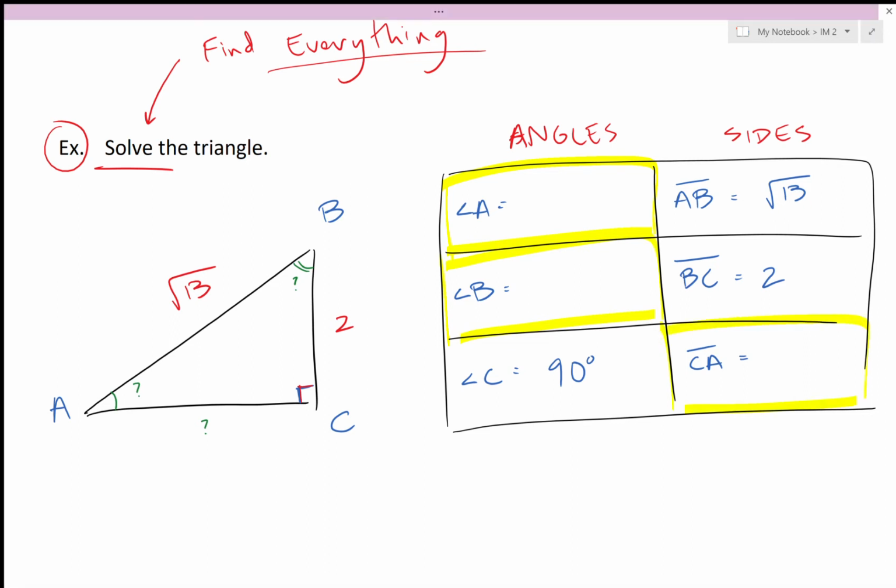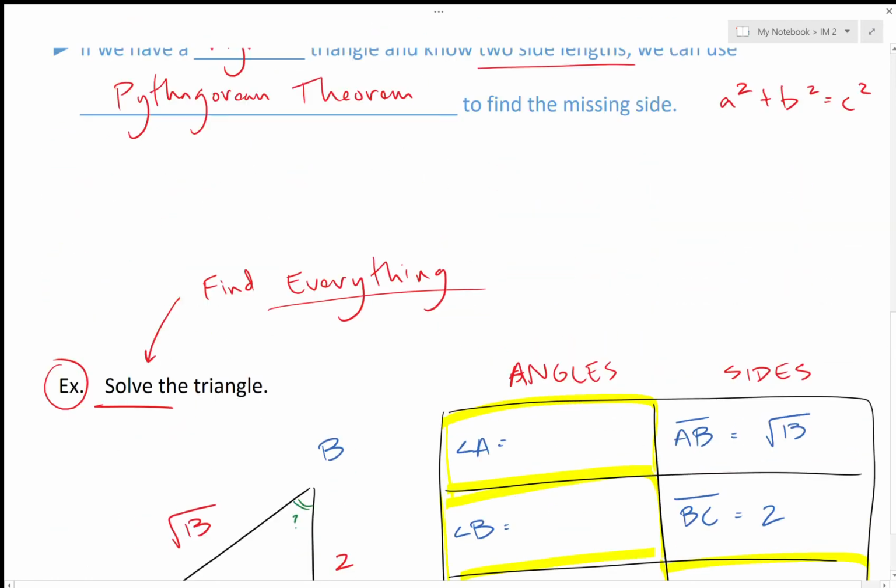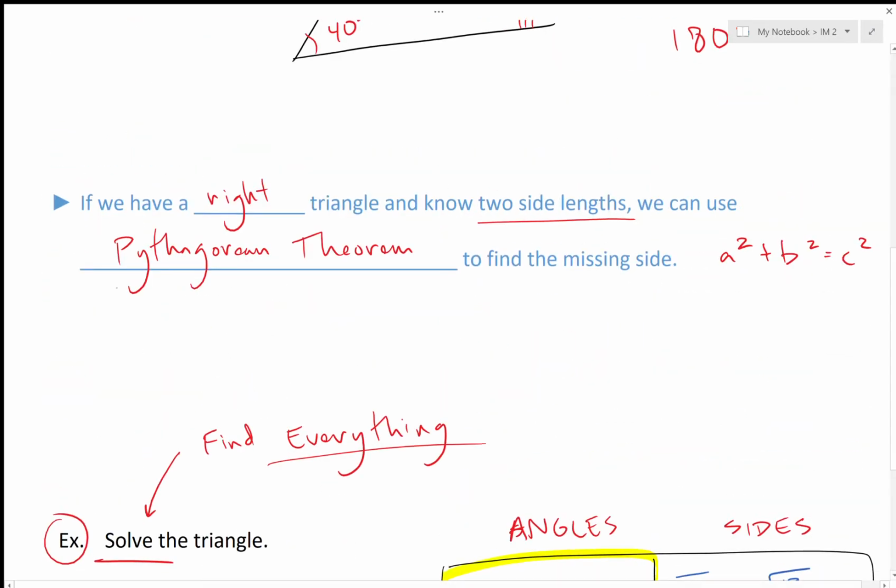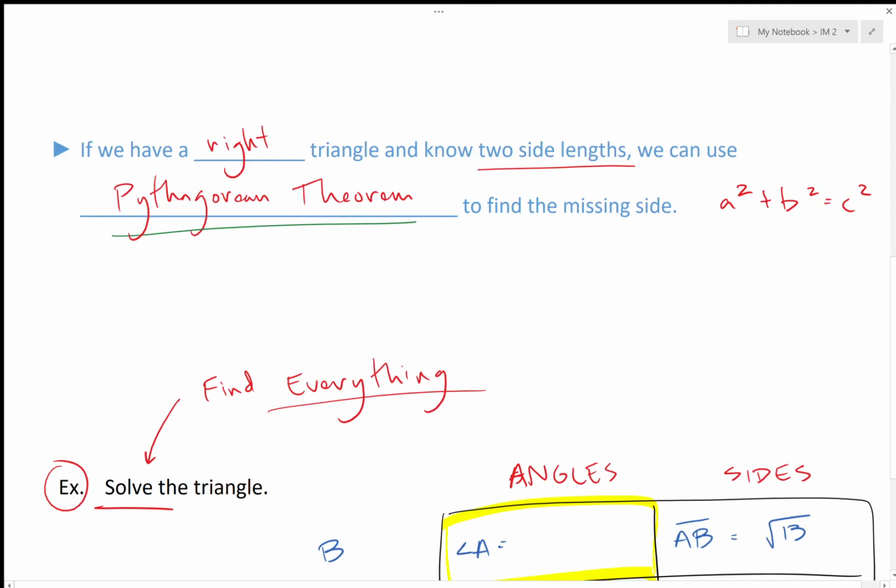So the way to look at this is take a look at your sides and look at your angles. On the angles, I'm missing 2 angles, have 1. On the sides, I'm only missing 1 side, I have 2 sides. So let's think about that again, the wording. I have 2 sides, I'm missing the 3rd one, and this is a right triangle. 2 sides, missing 1, Pythagorean theorem.